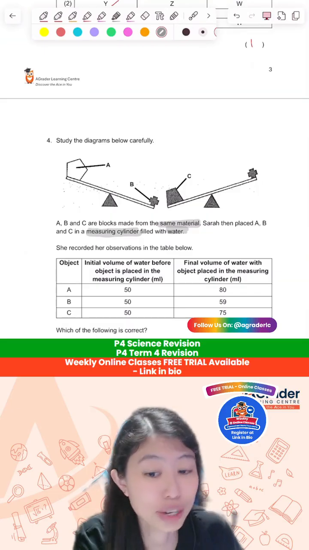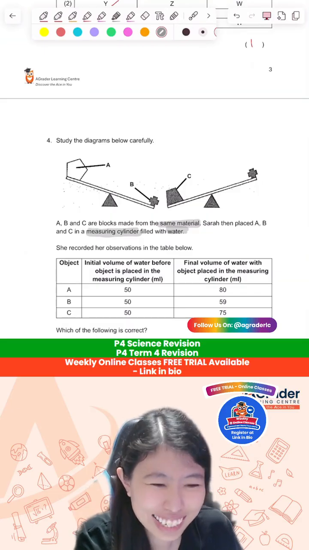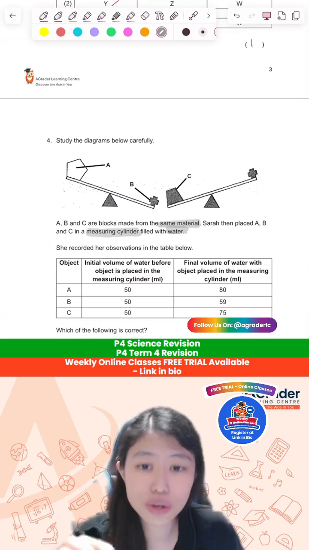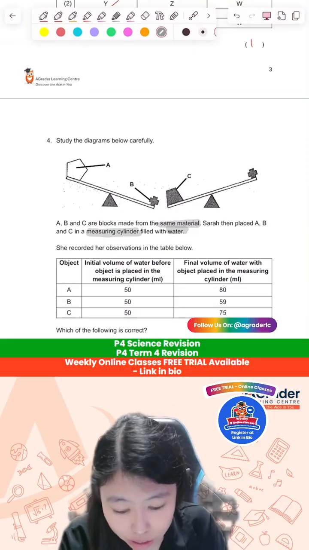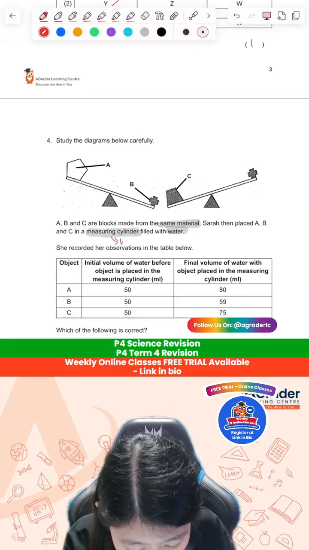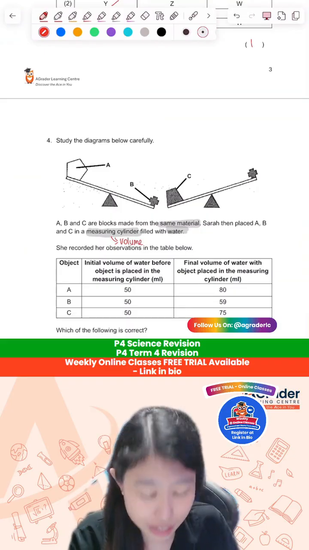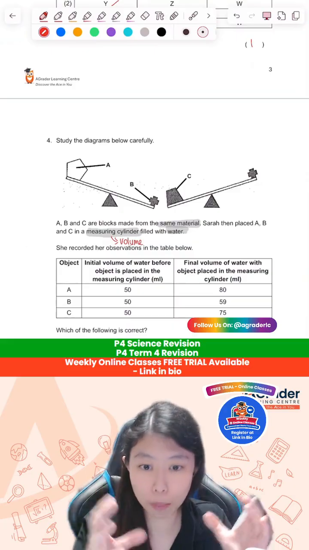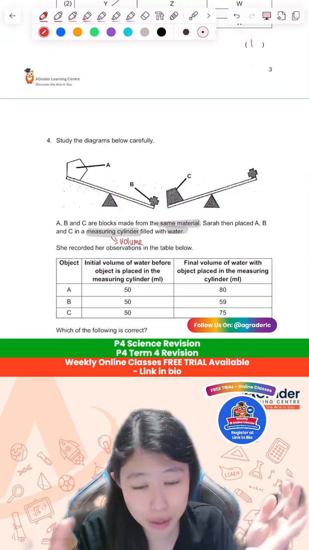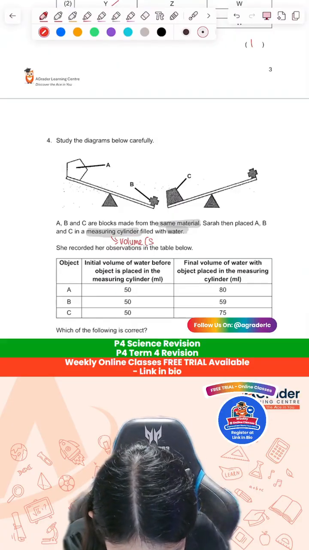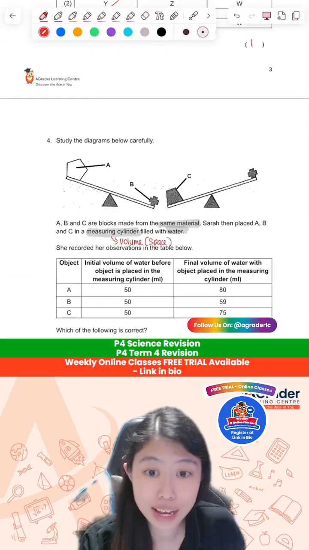You must not get confused, okay? So, measuring cylinder is used to record the volume of an object. Volume basically means the amount of space it occupies. Did it take up a lot of space or very little space? Volume is about the amount of space an object occupies.